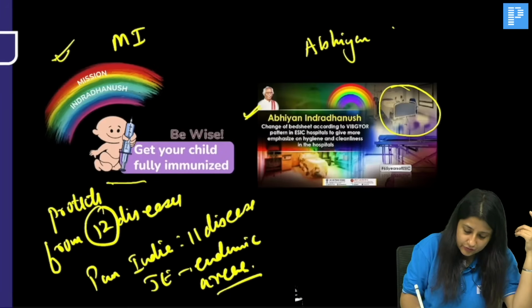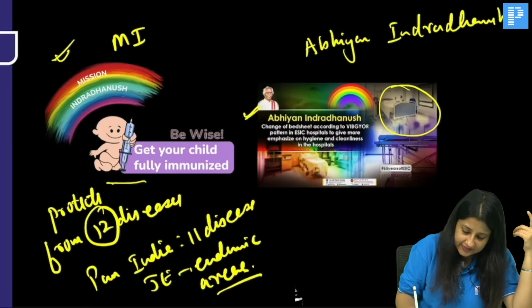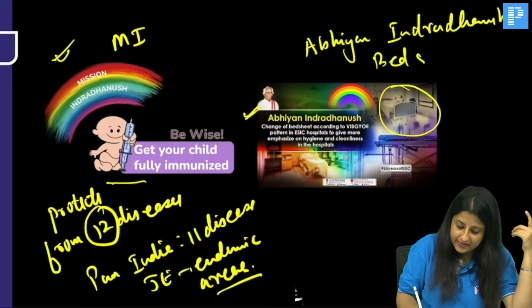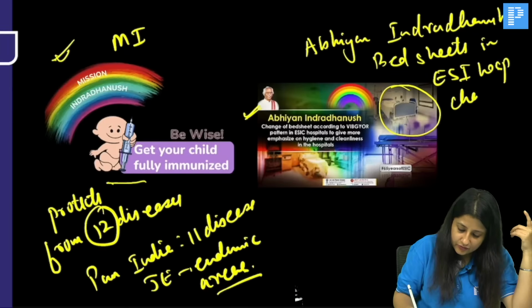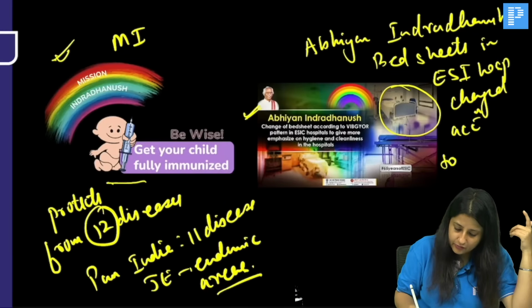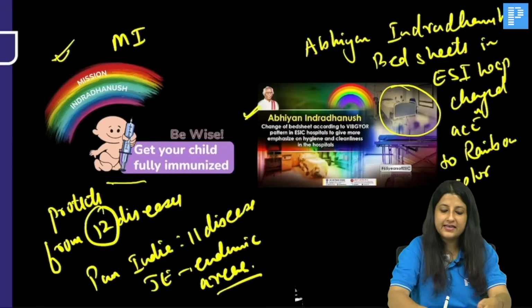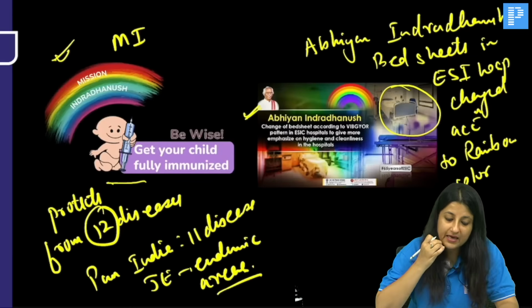Abhiyan Indradhanush tells us that the bed sheets in ESI hospitals are changed according to the colors of the rainbow to maintain hygiene. ठीक है, VIBGYOR rainbow colors. So I just wanted you to revise Mission Indradhanush and Abhiyan Indradhanush.